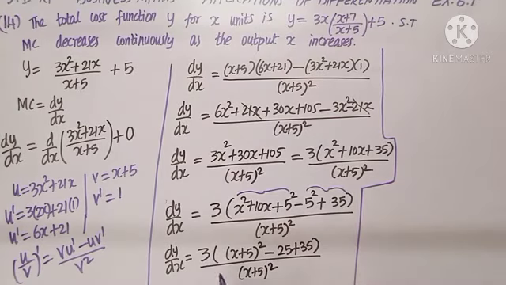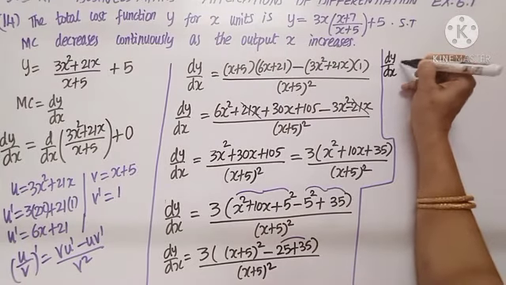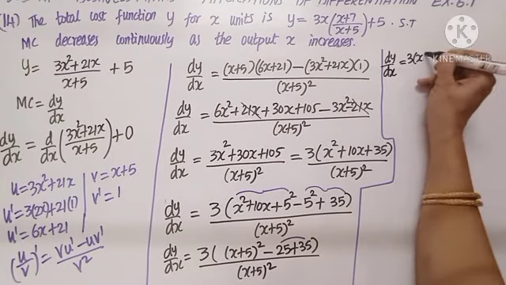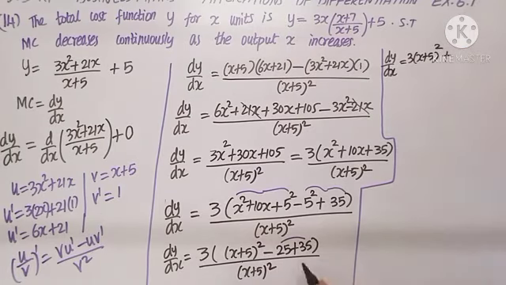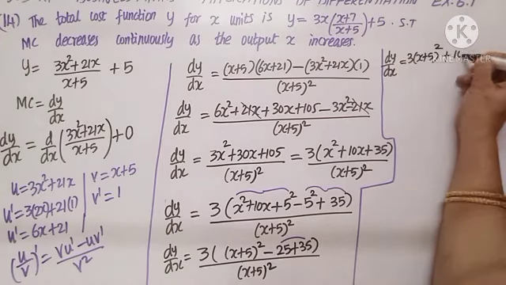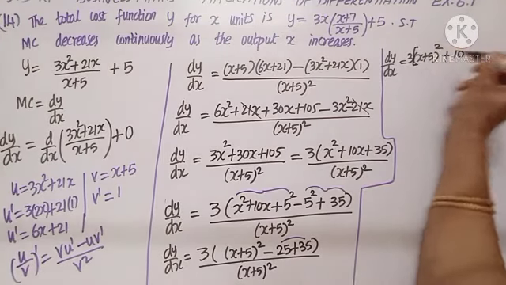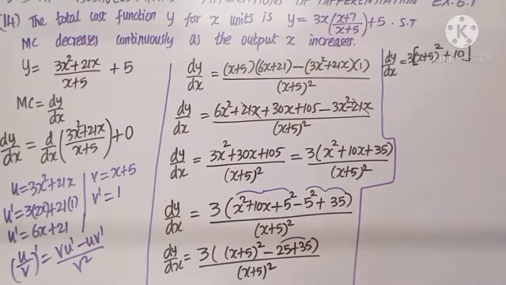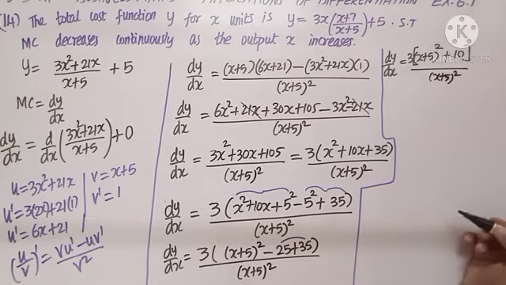Now the numerator, there are 2 terms, connecting these two. 35 minus 25 is 10. So I have dy by dx equals 3 into x plus 5 the whole square plus 35 minus 25 is 10. There are 2 terms in the numerator. Denominator is a single term, that is x plus 5 the whole square.